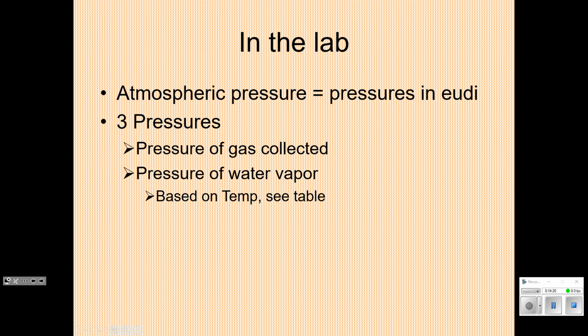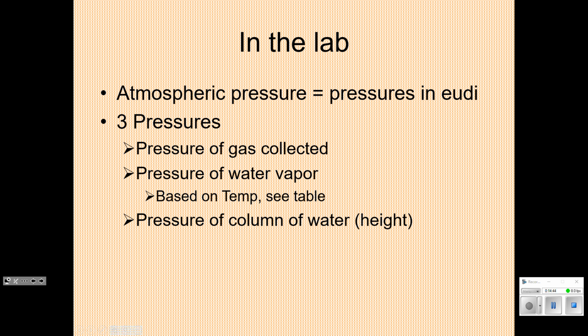Maybe we do. But this is something that we'll need to keep handy. And lastly, remember that pressure is measured in millimeters of mercury. A millimeter is a distance, a column height. We will be using a meter stick and measuring our column height.